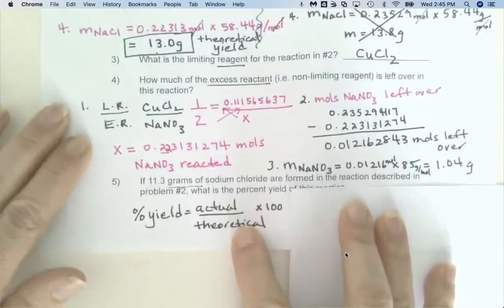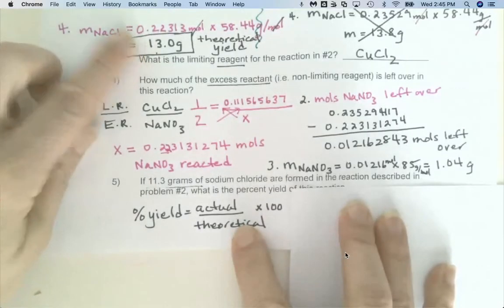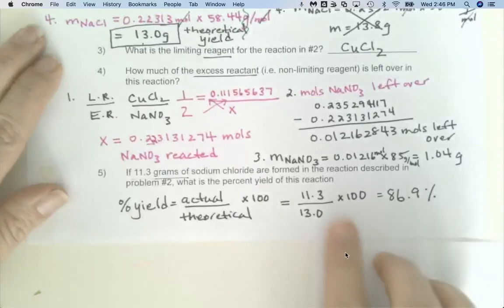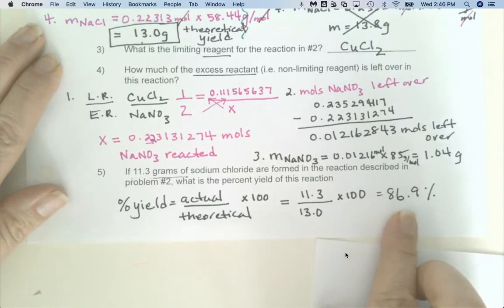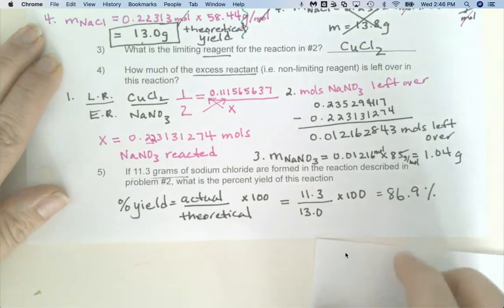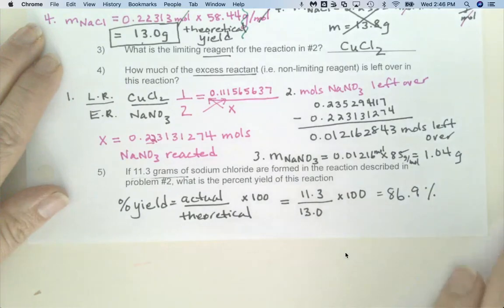And the theoretical yield we determined was 13 grams. What you'll do is you'll take that value of 11.3 divided by 13 multiplied by 100, and that gives you an 86.9% yield. And again, I kept my answer to 3 significant digits based on the original masses that were given were in 3 sig fig.